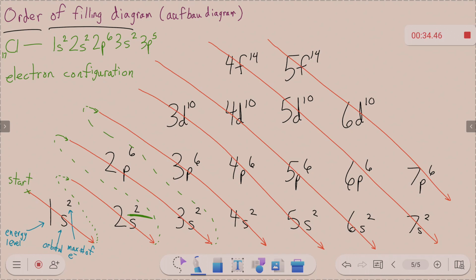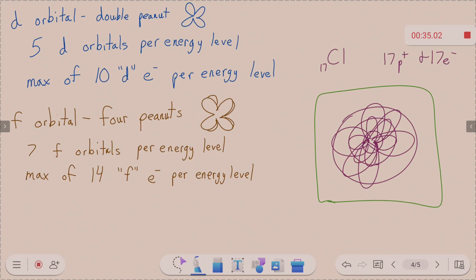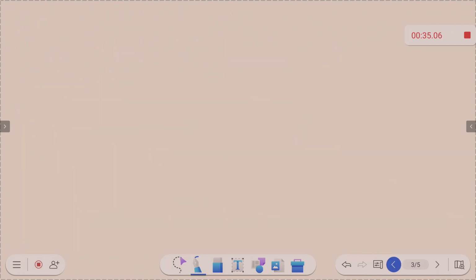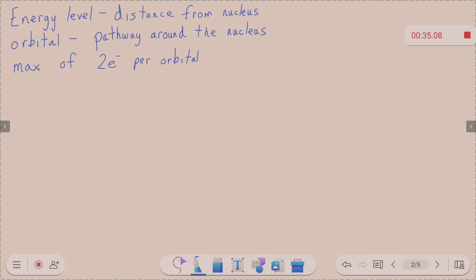Keys to take away: clearly, going backwards, using the order filling diagram here on this slide to be able to do an electron configuration like chlorine's right there. So that's one key takeaway. Another key takeaway from another slide would be the terminology energies and orbitals.